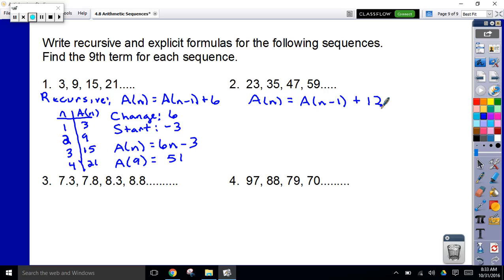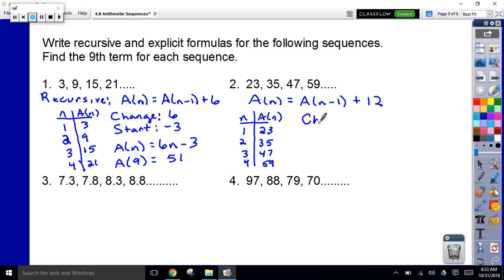Okay, now the explicit formula. Liz, would you like to draw a table to find the explicit formula, or do you want to try it without? You want the table. Okay. So we'll do n. A of n, 1, 2, 3, 4, 23, 35, 47, 59.